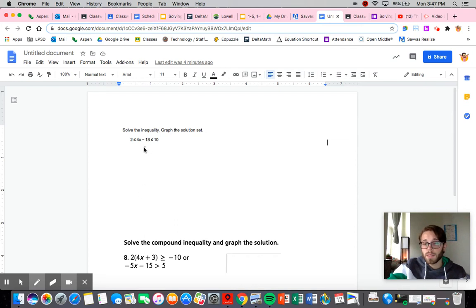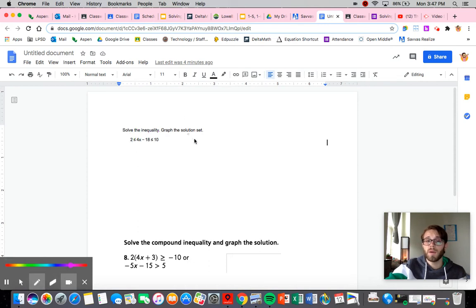All right, so I wanted to show you this one just because I wanted to be clear. This is essentially two different inequality problems. We're essentially dealing with this part right here, and then we're also dealing with that part right there. We can do this all in one go, or we can rewrite it.